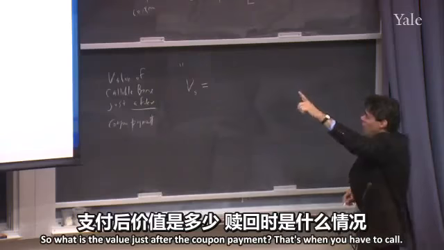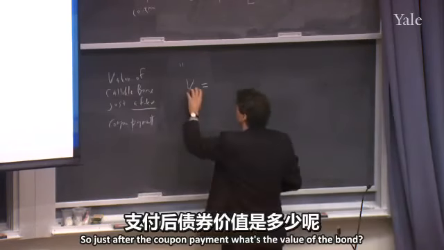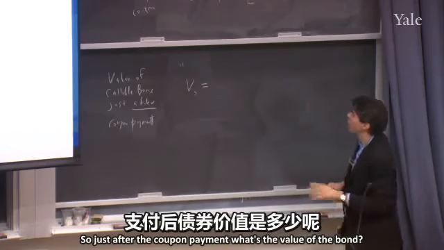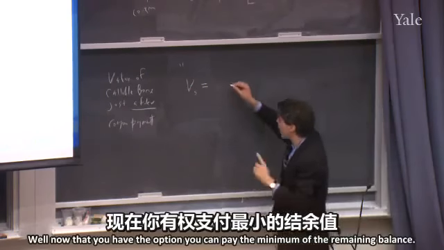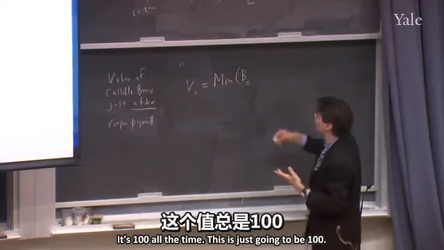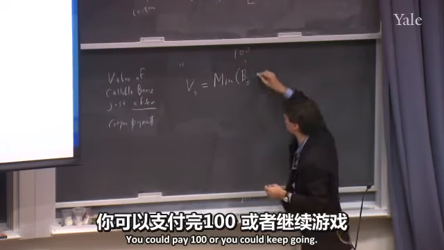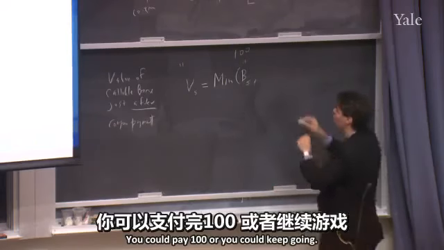That's when you have to call. In a second you'll see why that's the way the rule works. So just after the coupon payment, what's the value of the bond? Well, now that you have the option, you can pay the minimum of the remaining balance. If it's 100 all the time, this is just going to be 100. You could pay 100, or you could keep going.